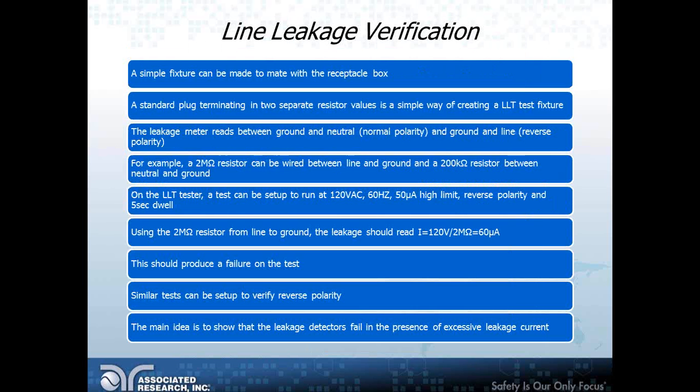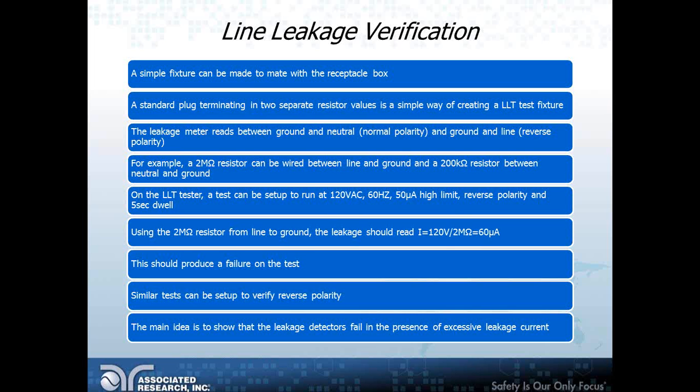So for example, for line leakage verification, a plug can be wired with a 2 mega ohm resistor between line and ground, and also a 200 mega ohm resistor between neutral and ground.